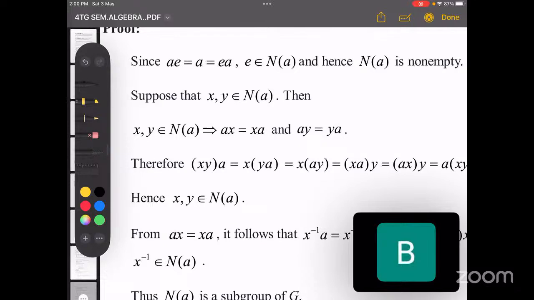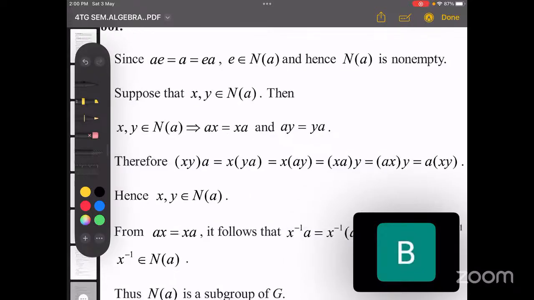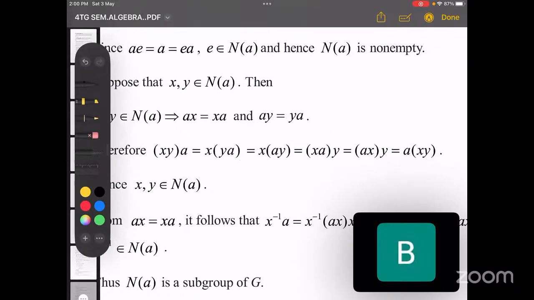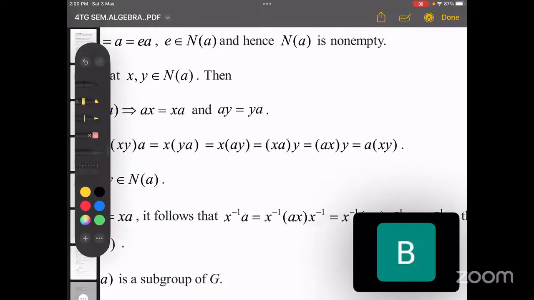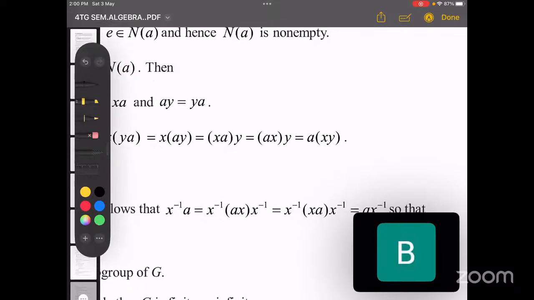From AX equals XA, it follows that X inverse A equals X inverse A X into X inverse. Okay, so it equals X inverse into XA, here using the commutative property again, X inverse XA X inverse.